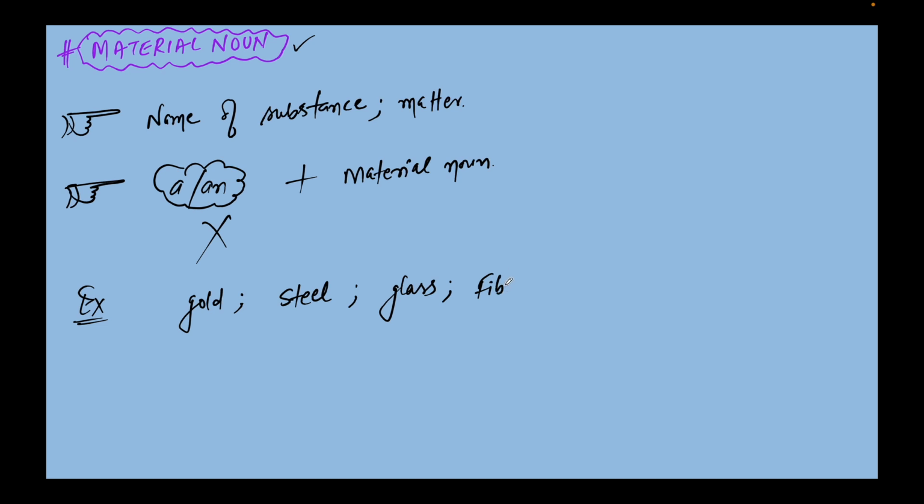Similarly, fiber, plastic, mills, sugar. So these are the examples of material noun.